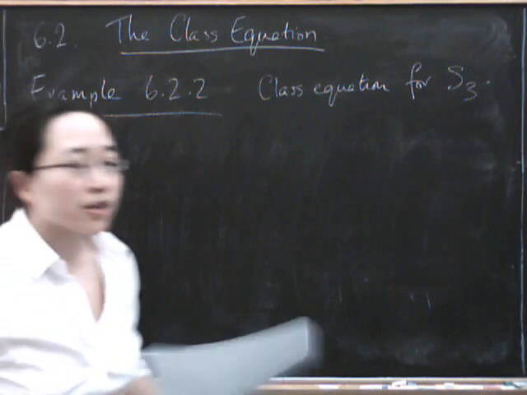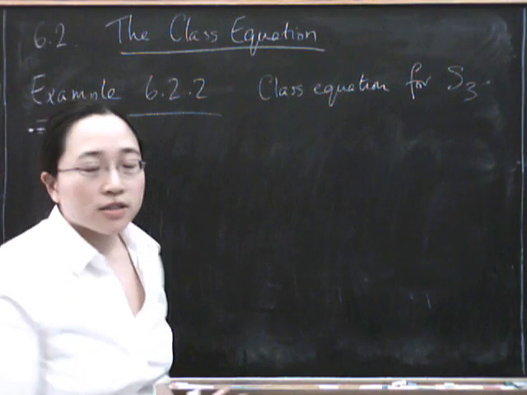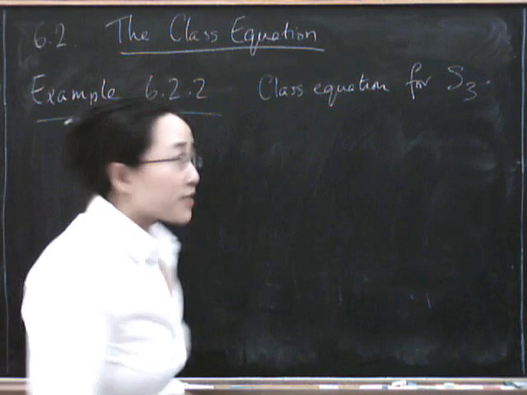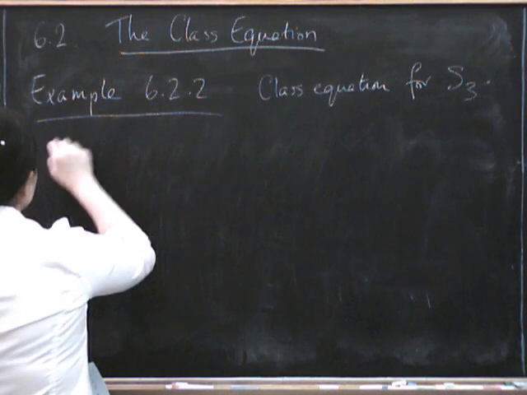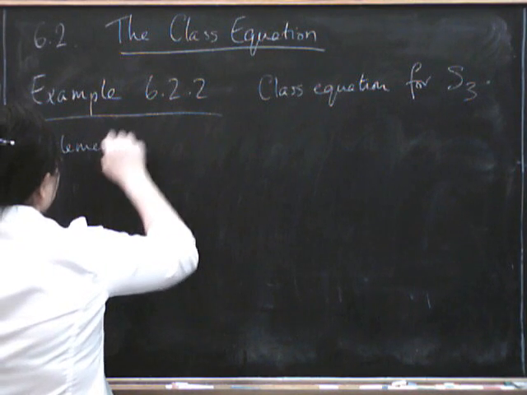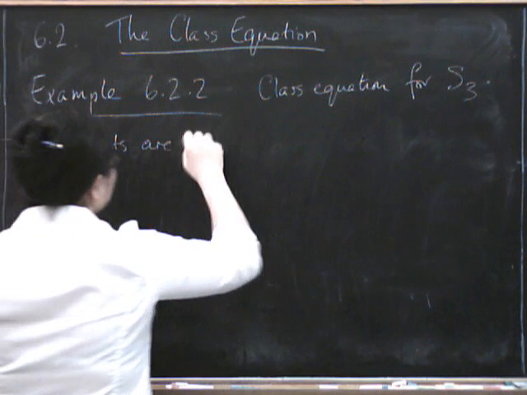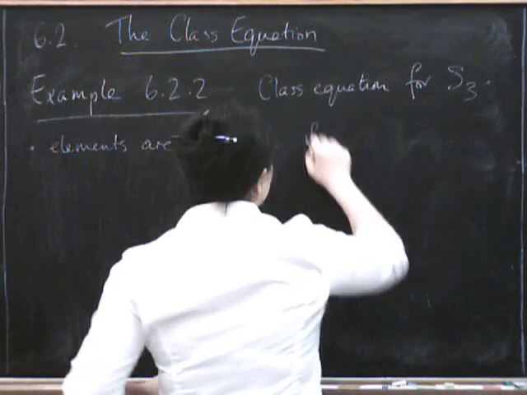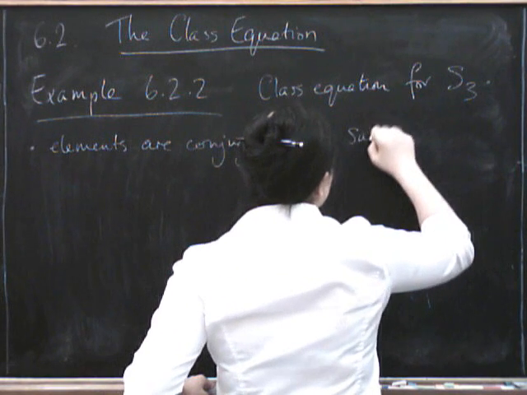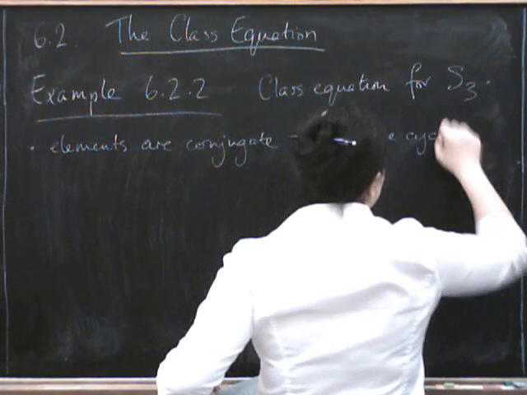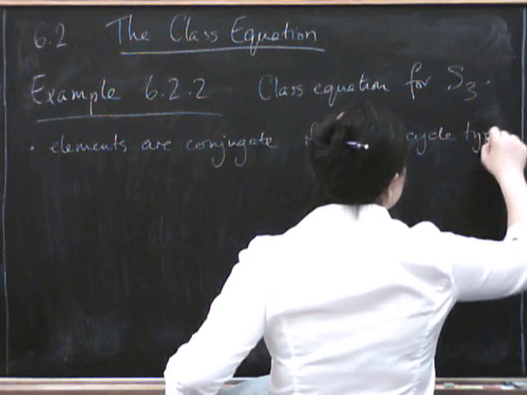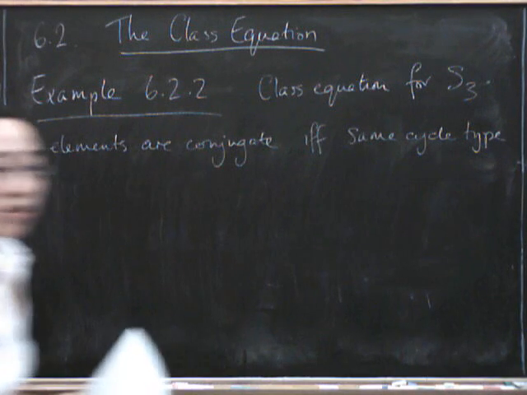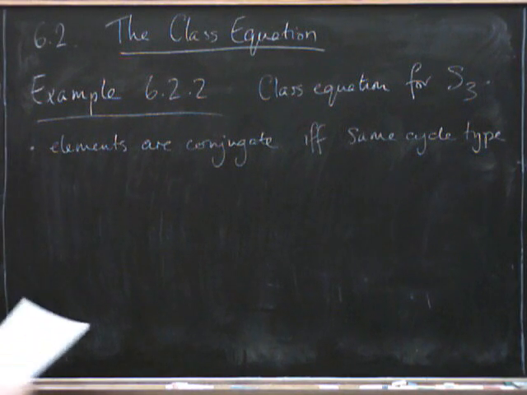So remember that the conjugacy classes consist of the sets of elements of the same cycle type. So elements are conjugate if and only if they have the same cycle type. So the first thing to do is to write down what all the different possible cycle types are.